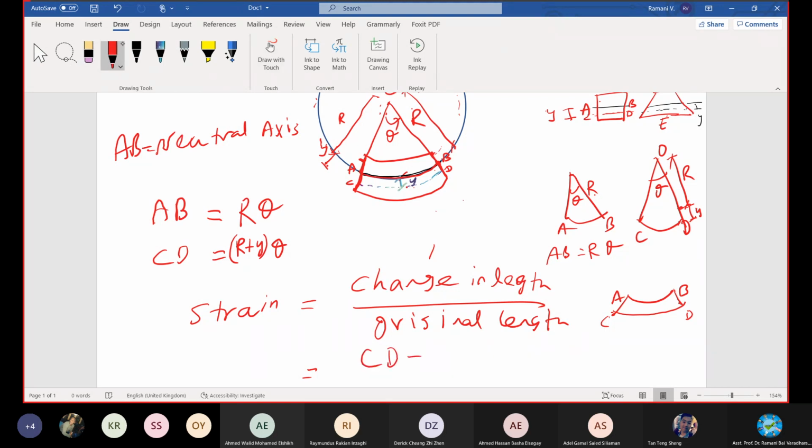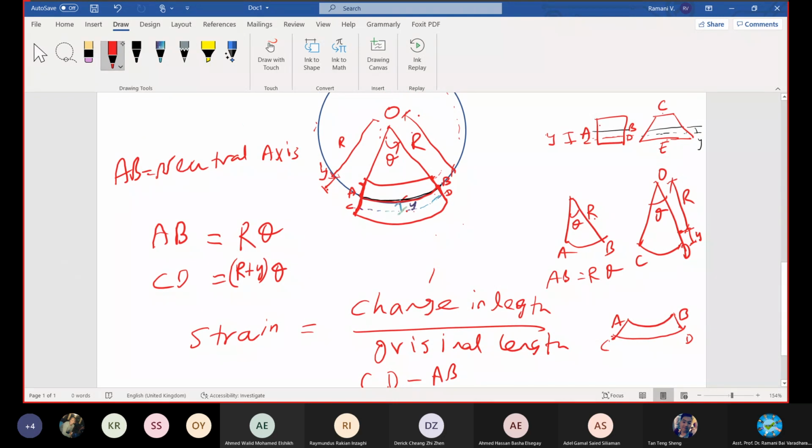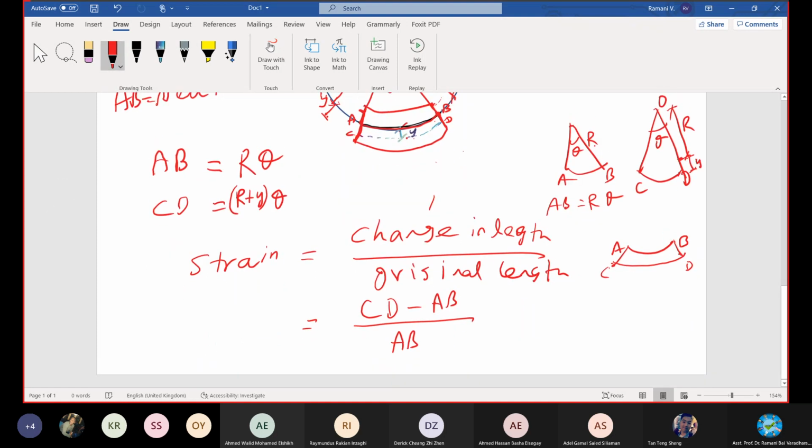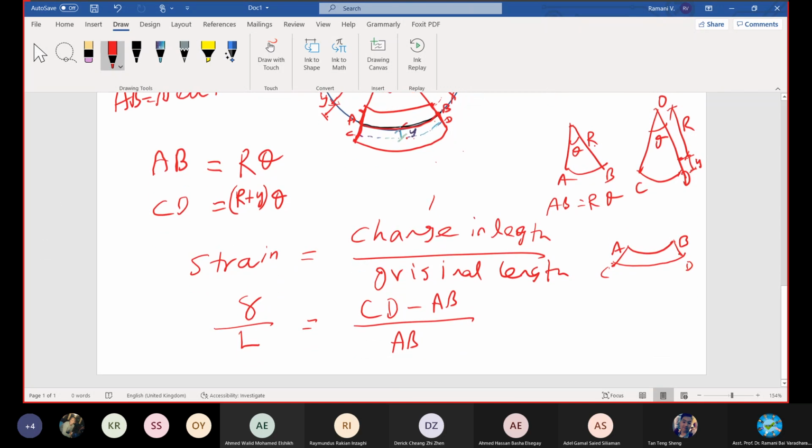So strain: change in length is CD minus AB, correct? Original length will be AB itself, right? The extended value at a section CD minus AB, divided by the original length, gives the change in length, delta by L. My original length here is a radial one, so I give it as R itself.